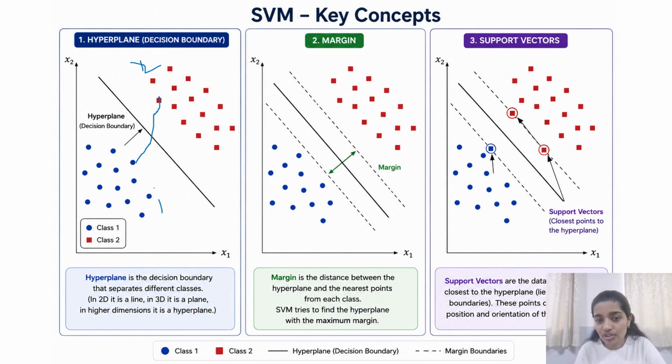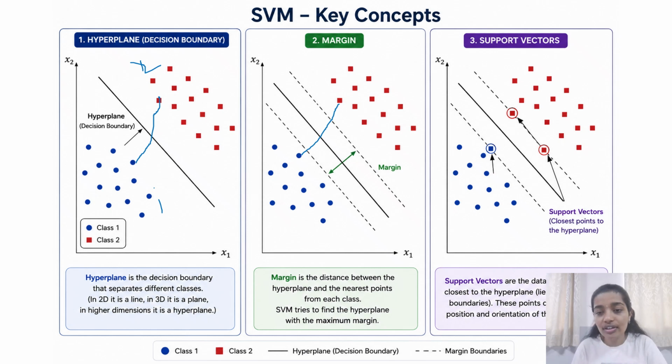Then we have margin. Margin is the distance between the nearest support vectors, the points that lie close to the decision boundary, and the hyperplane. Then we have support vectors, the points that lie close to the decision boundary.